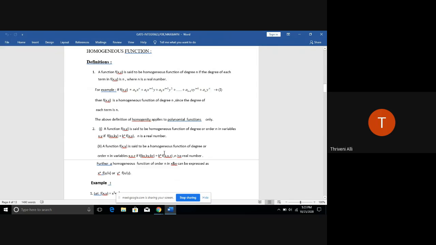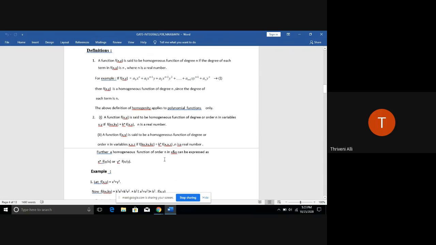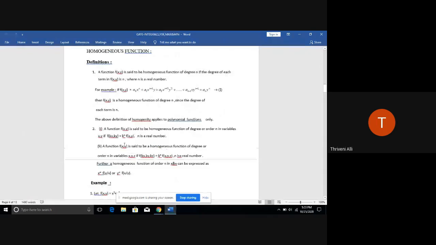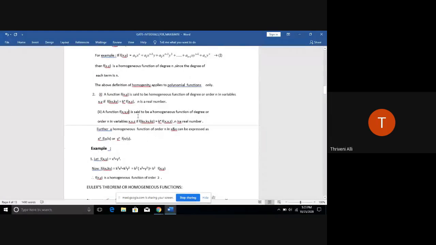So next, likewise we define in x, y, z variables also. Here x, y, z is also there. So this is called homogeneous.